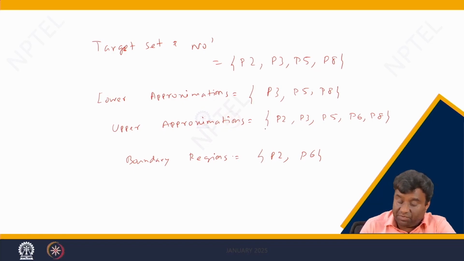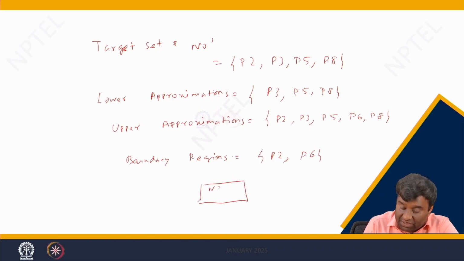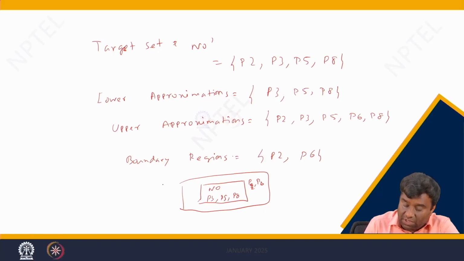So you can write that for purchase power no, the lower approximation is P3, P5, P8, and the upper approximation is P2, P3, P5, P6, P8. The boundary region is P2 and P6. So here the purchase power you can say is not yes or no, and this is the outside, meaning P1, P4 are outside. So that is the concept.